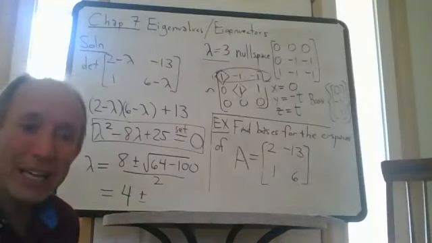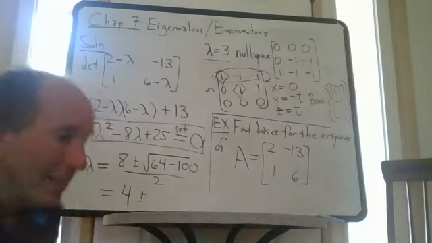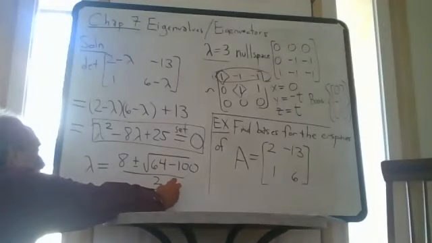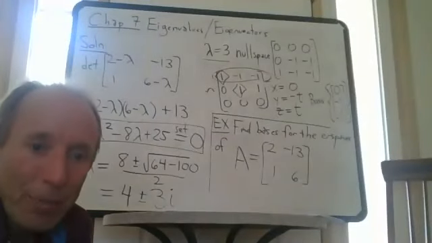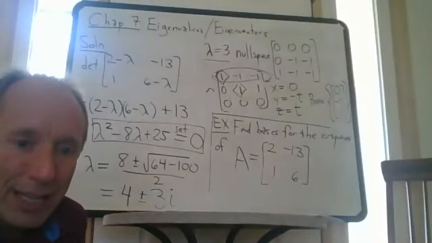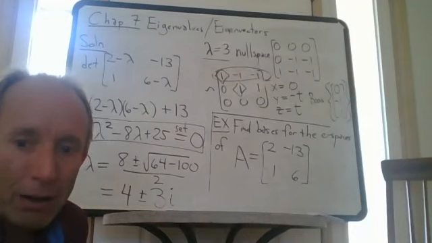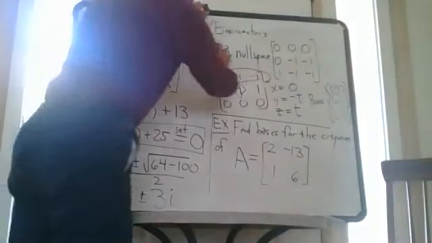The square root of negative 36 is actually 6i. And then I'm dividing that by 2 because the whole thing was over 2. So 6i over 2 is just 3i. My lambdas are 4 plus or minus 3i. Okay, now let me just make sure that those lambdas are reasonable.